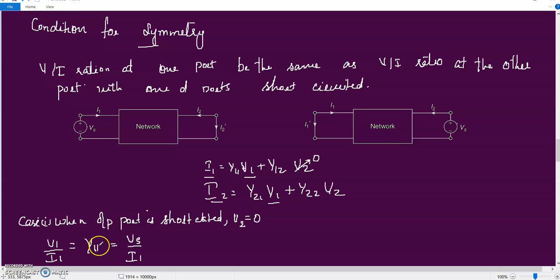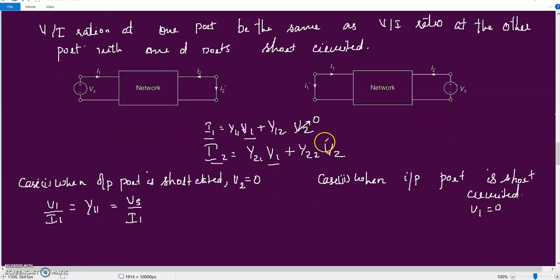Now we can consider case 2, when the input port is short circuited, that is when V1 is equal to 0. When V1 is equal to 0, we have Y22 is equal to V2 by I2, and here V2 is Vs. Vs by I2.